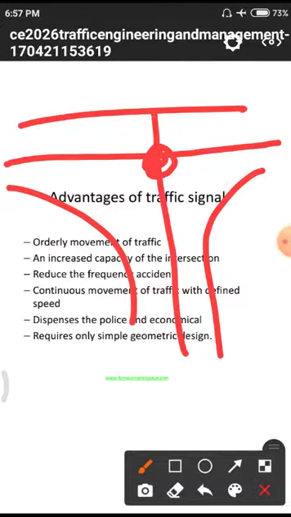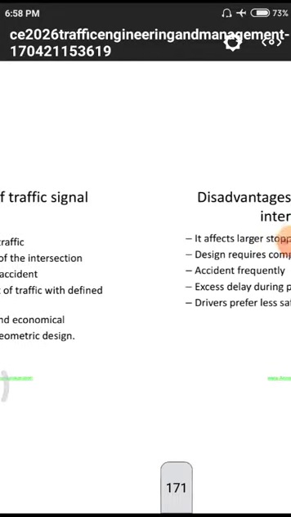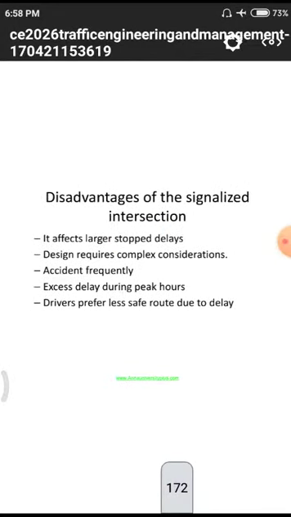The merging point of all the lanes will help us fix the traffic signal. It is a simple geometric design, with no other derivations or requirements. We only need a simple geometry. The lines are merging, so that point has to be kept for these traffic signals.